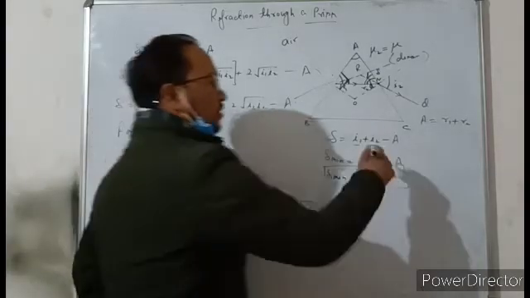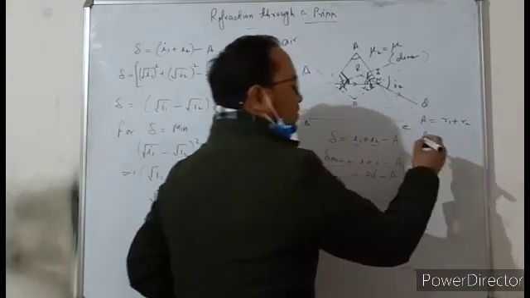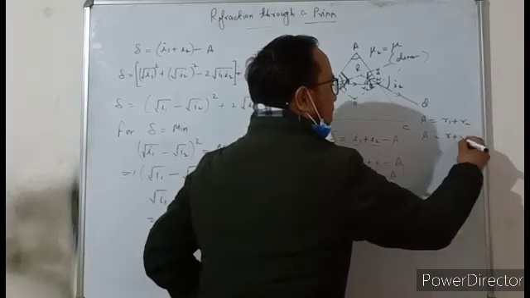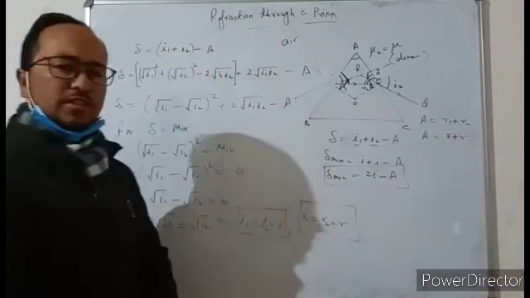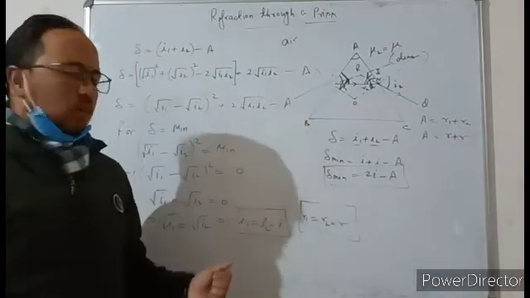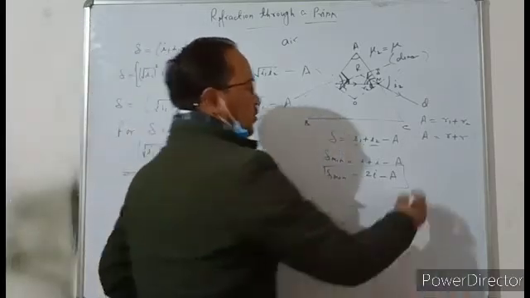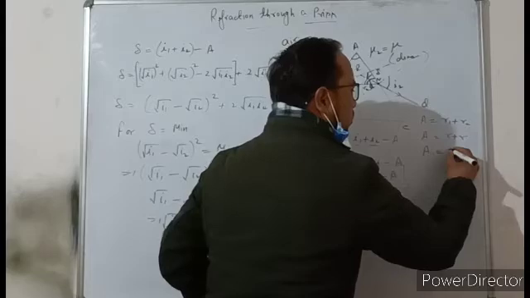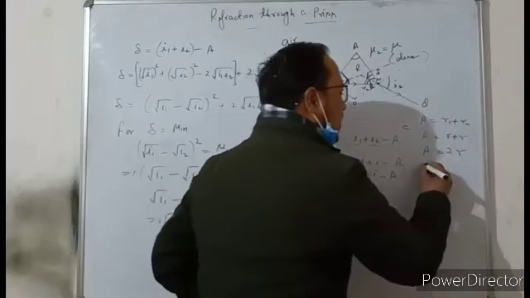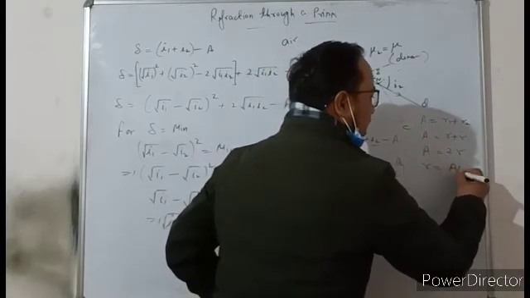Or here we can also say that angle of prism should be equal to R plus R, because for angle of minimum deviation, if I1 is equal to I2, then we can say R1 is equal to R2, which is taken as R. Therefore, we can say A is equal to 2R, or simply R is equal to A by 2.